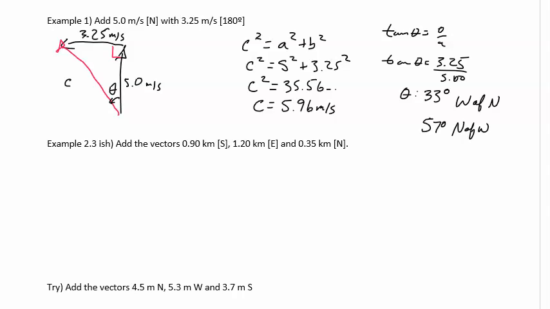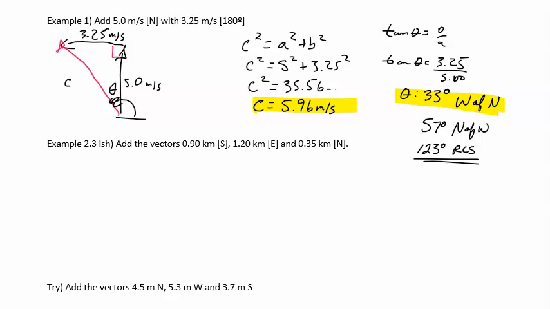A third way we could have written this would have been to say that this started at east and worked their way around, and that would have been a case of 123 degrees on that RCS method. All three directions are acceptable ways of doing it, but just based on the way that I had drawn my diagram, this would have been the answer I would have come up with.